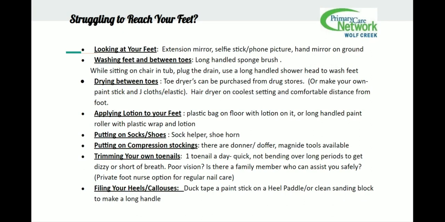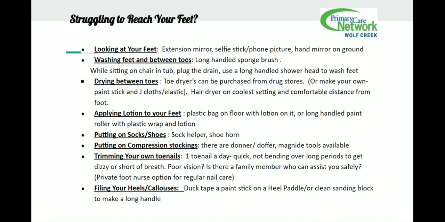So, are you struggling to reach your feet? There still are ways that you can take care of your feet, okay? There definitely is. Many people struggle with reaching their feet and still can manage to take care of the basic care, all right? So let's review some of the things.